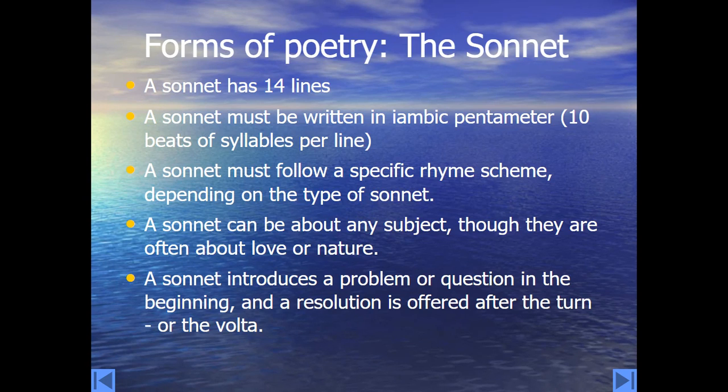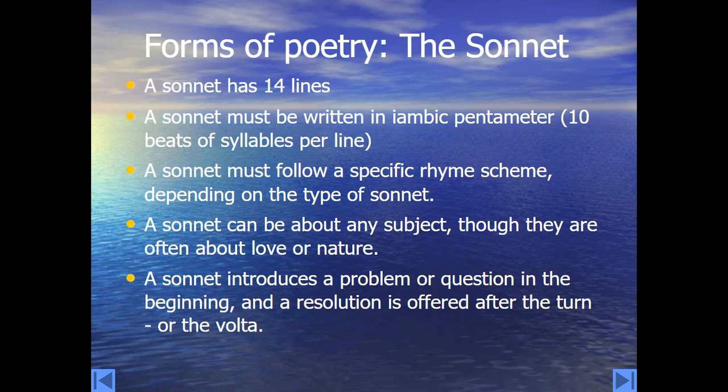But no matter what kind of sonnet it is, a sonnet has 14 lines. I always tell my students that if it's a square, it's a sonnet. And I mean that literally. If you look at it on the page and it's in the shape of a square, it's probably a sonnet. If it looks square-like on the page and you count the lines and it has 14, you can be fairly certain that you've got a sonnet.